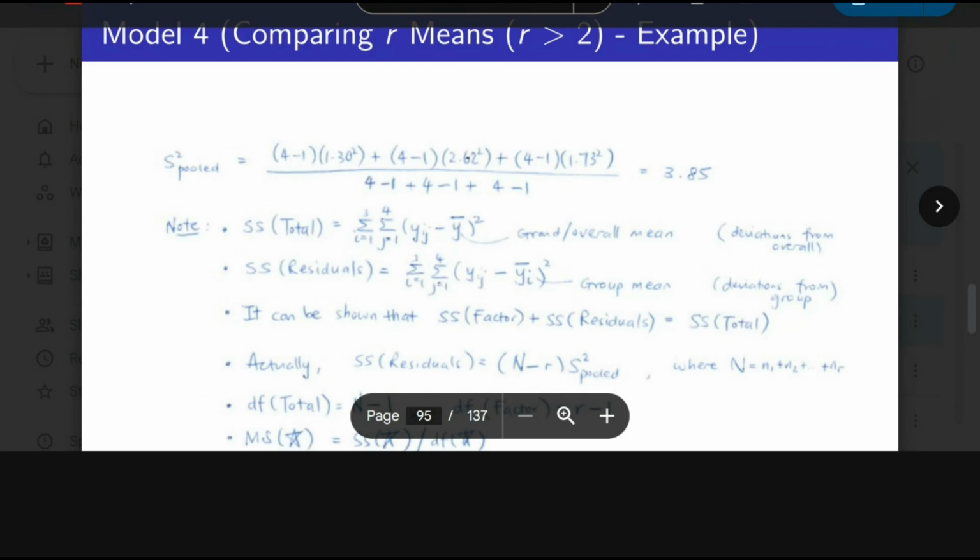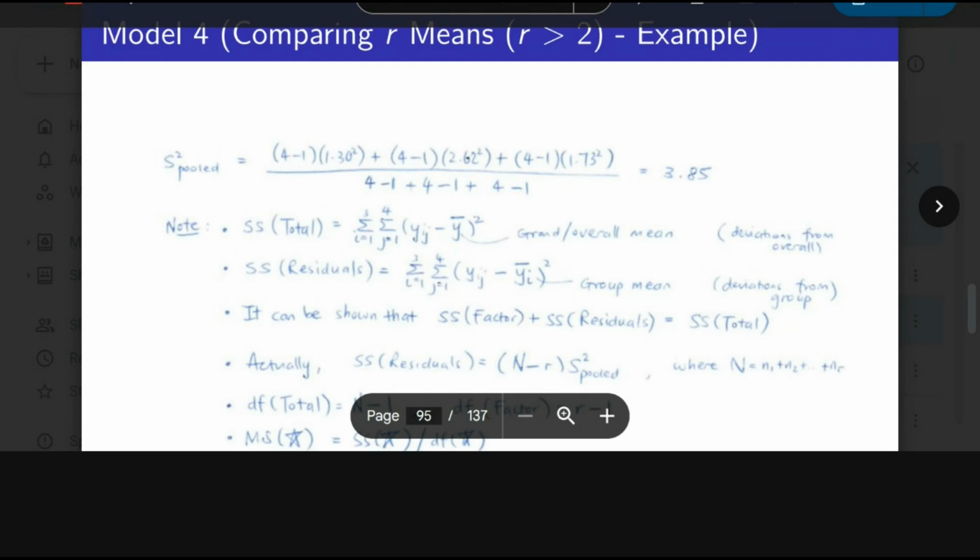And so, what can the model explain? You can show algebraically that what the model explains is SS factor. Explained variability plus unexplained variability is total variability. That's what's going on. It's all variability estimates.